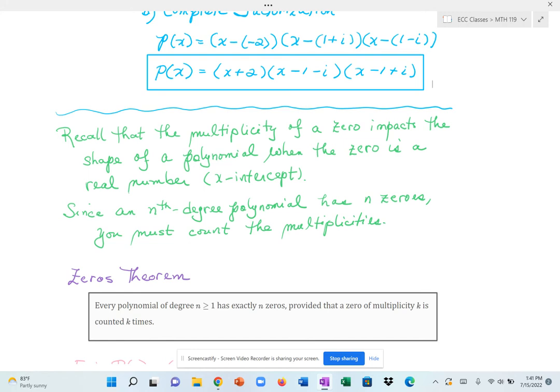So since an nth degree polynomial has exactly n zeros, you have to count the multiplicities in that number, whatever n is. So if something has a multiplicity of 2, that would count as 2 of the zeros out of whatever the number n is.